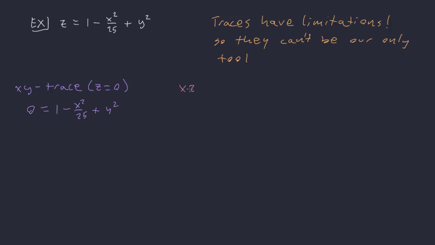Then the xz trace, that's when y is equal to 0. That's going to give us z is equal to 1 minus x squared over 25. And then the yz trace will be z is equal to 1 plus y squared.